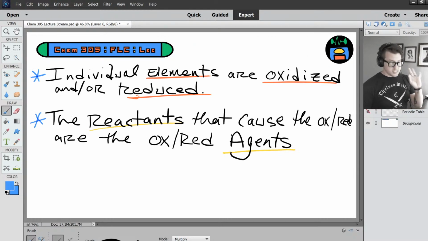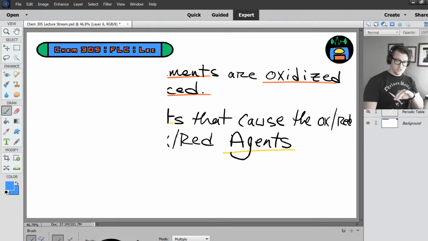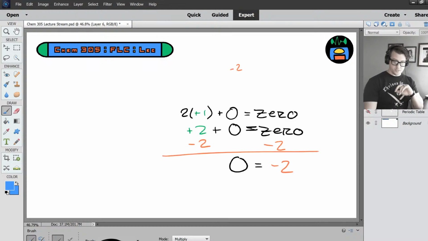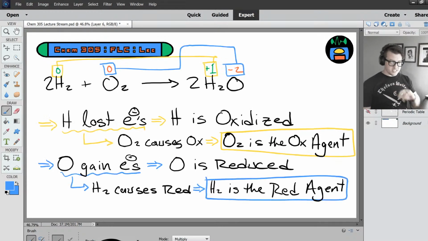So, simply put, when we talk about individual elements being oxidized, if you look at the previous example, we say that hydrogen lost electrons, so the element hydrogen is oxidized. Oxygen, the element, gained electrons, so oxygen, the element, is reduced.